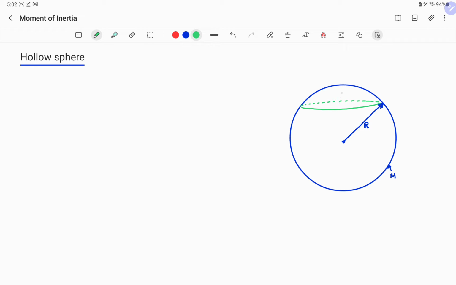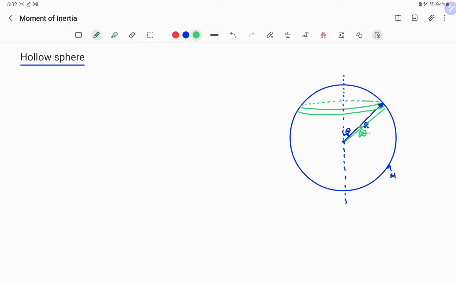First we would draw a line through the center, which makes angle theta with the vertical, and the thickness makes angle d theta. So this is the thickness of the ring, and it makes angle d theta.